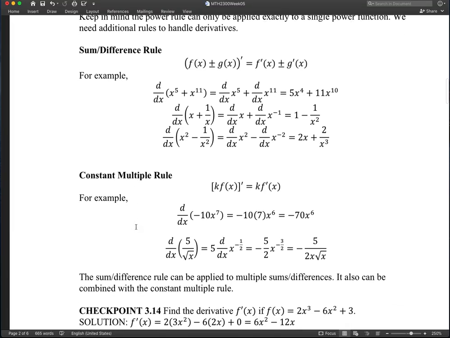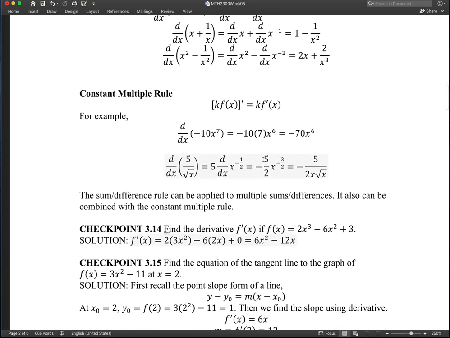And also we have the constant multiple rule. This is the constant multiple rule I'm talking about. To the left, it is the derivative of a constant times a function. To the right, it is the constant times the derivative. Together, it simply says the derivative of a constant times a function is the constant times the derivative.